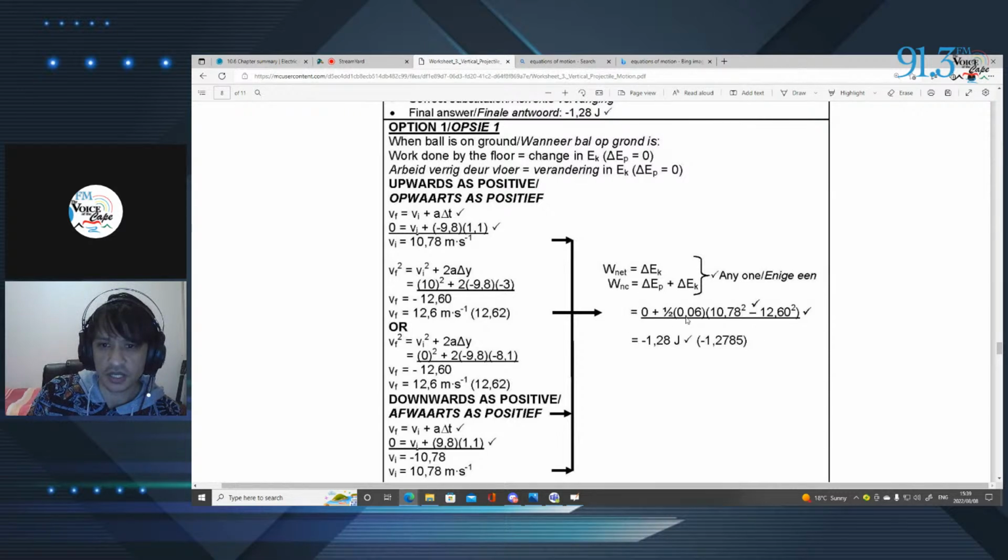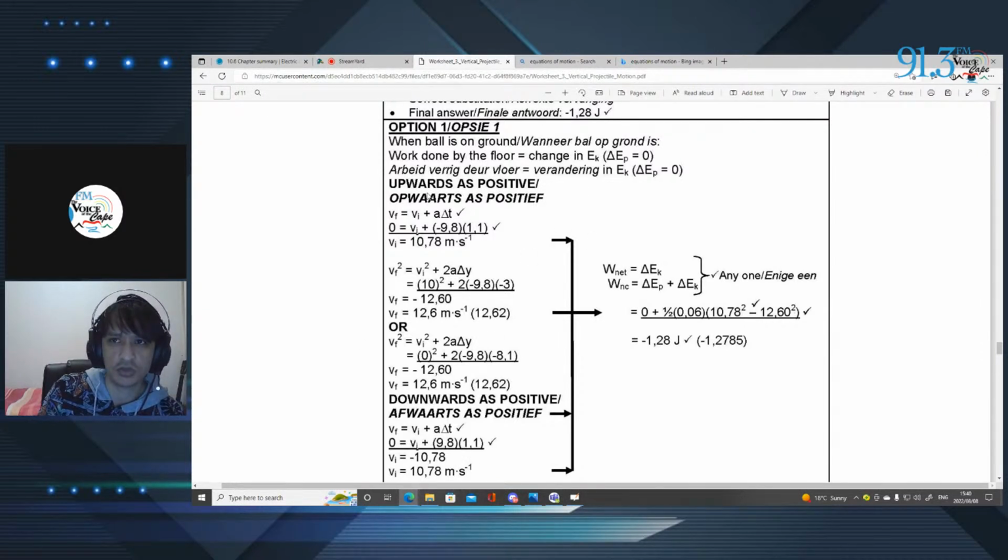So we say, okay, the net work done by the ground is just basically delta EK. We don't even need to worry about delta EP, to be honest, right? Because we're going to end up with a value of 0 for delta EP, for mgh. So they plug this information in because we're strictly speaking about the ground, what work is done by the ground.